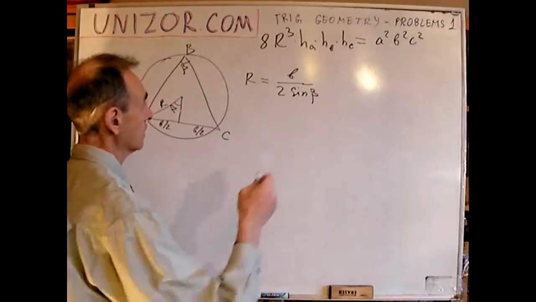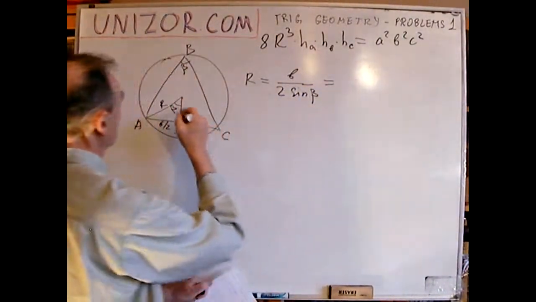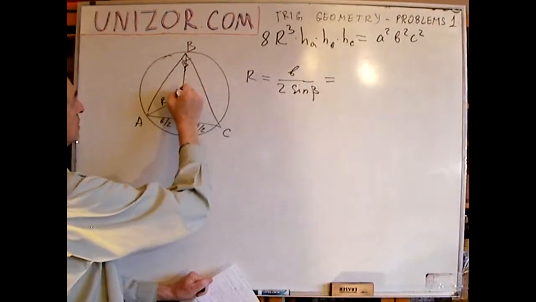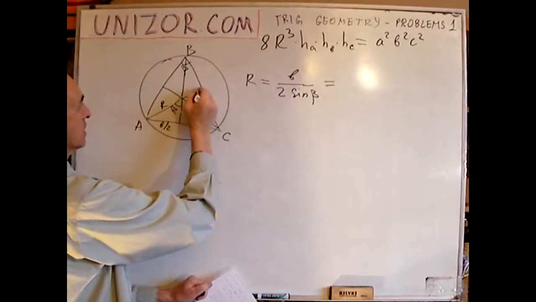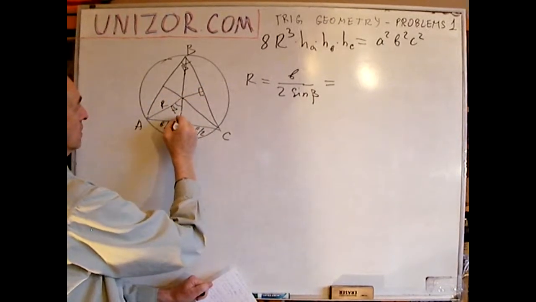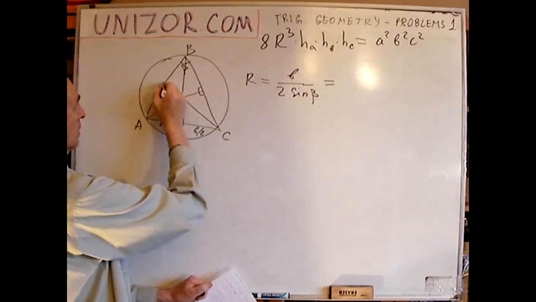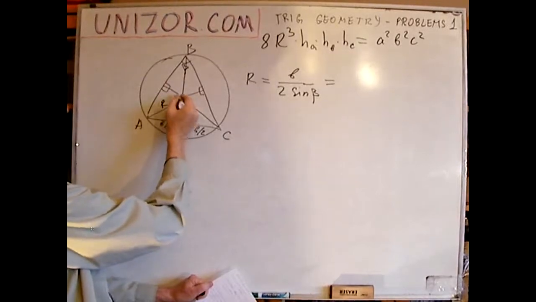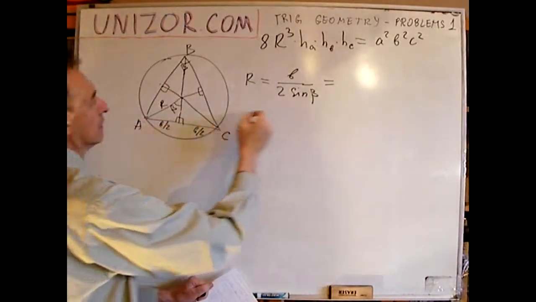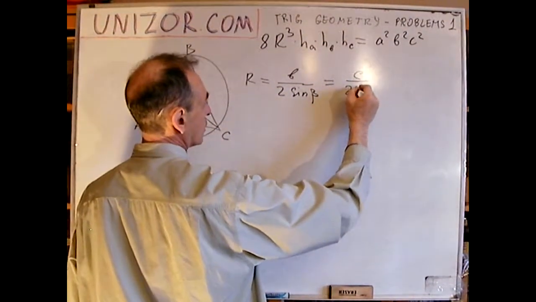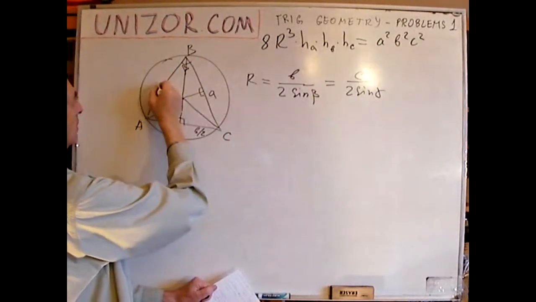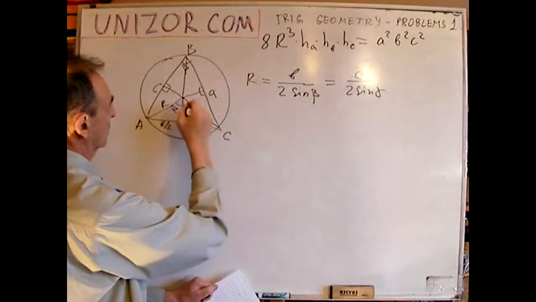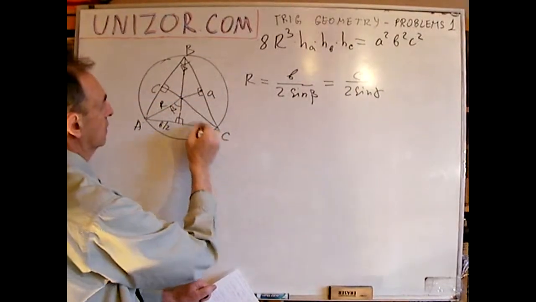Which is exactly similar to if I will use this or this, I will have R from this particular triangle equal to C over 2 sine of gamma, and in this particular triangle, very similar.